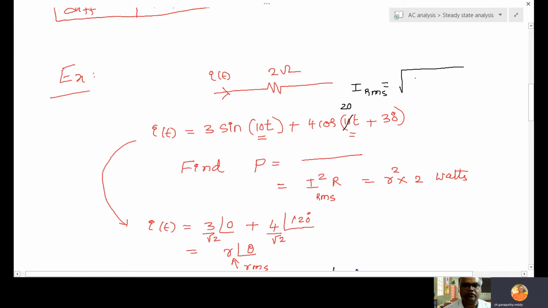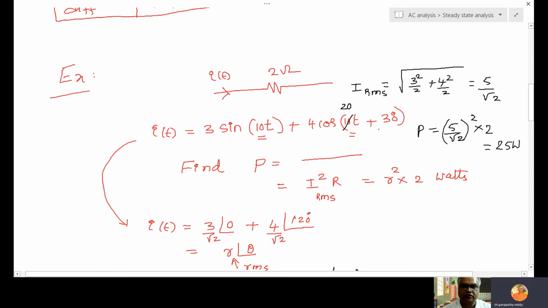What is the square root method? 3 squared by 2 plus 4 squared by 2. This is nothing but 5 by root 2, which is the RMS. So what is the power now? 5 by root 2 squared into 2. The 2 cancels, and you will get 25 watts.